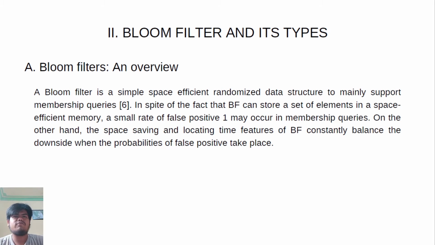In spite of the fact that a BF can store a set of elements in space-efficient memory, a small rate of false positives may occur in membership queries. On the other hand, the space-saving and locating time features of BF constantly balance the downside when the probabilities of false positives take place.